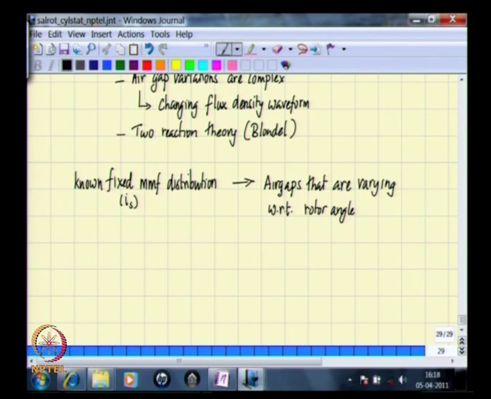What this approach does is that it attempts to convert this to a constant air gap case.